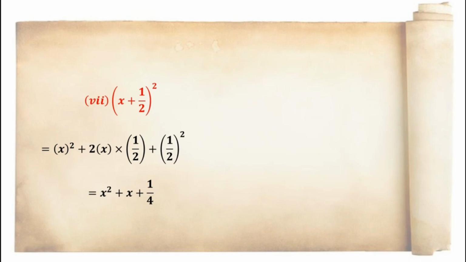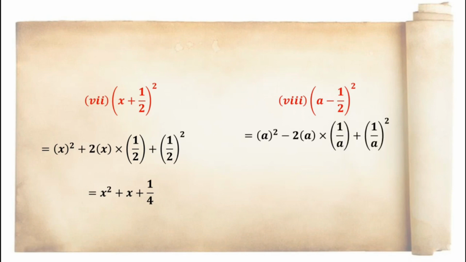Okay, like this. And the 8th question, (a minus 1 upon a) raised to 2 means a raised to 2 minus 2 into bracket a into 1 upon a plus (1 upon a) raised to 2. Okay, so here you see that a raised to 2 minus 2 plus 1 upon a raised to 2. Okay, like this.